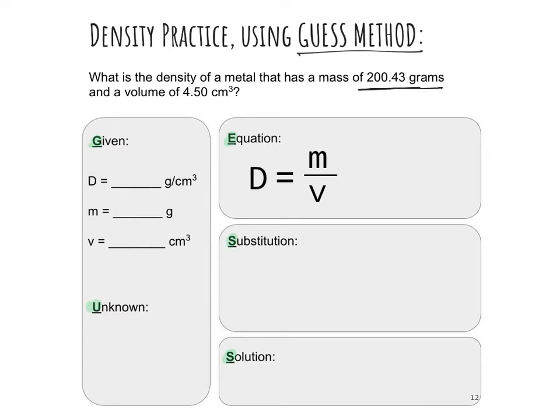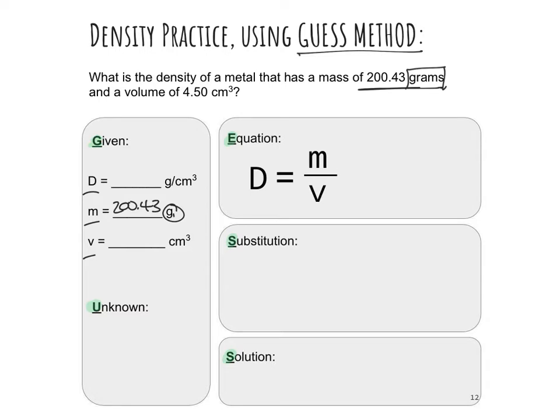And now we have to decide if that is going to be a density, a mass, or a volume. Now, 200.43 grams is a mass because grams is the unit of mass. And you can see that already written for you over here. So in this little blank, we're going to write 200.43 grams. Okay, the mass is 200.43 grams.